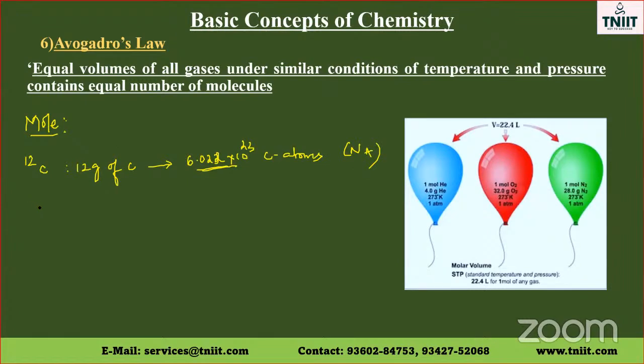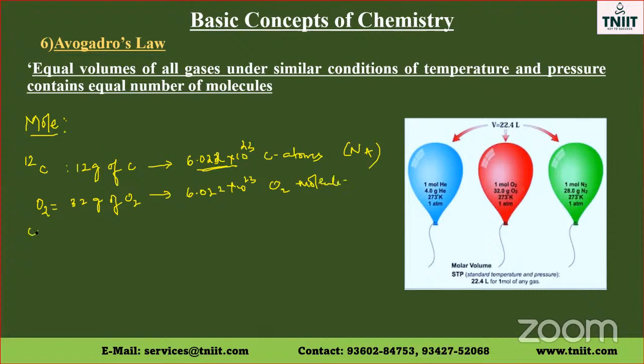Likewise, if you take oxygen, oxygen exists as the O2 molecule. The molecular mass of oxygen is 32. Atomic mass is 16, 16 into 2 is 32. 32 grams of oxygen, if we weigh and find out, also contains 6.022 into 10 to the power 23 oxygen molecules.